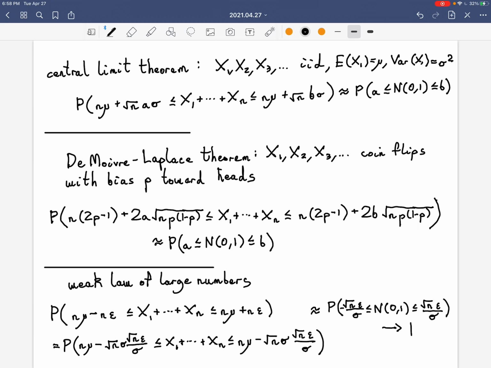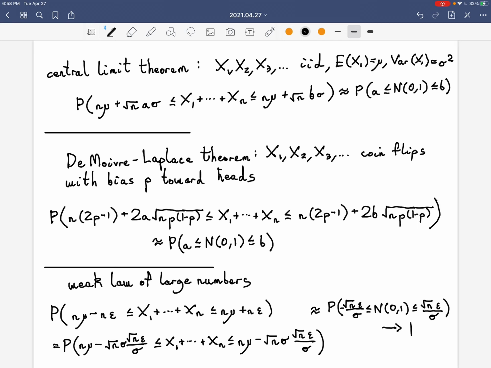So once we do the change of variables to go from a linear error to an error that scales like the square root of the number of trials with a rate that's equal to the standard deviation, then you can see that you have this compensating factor, which is square root n epsilon over sigma.